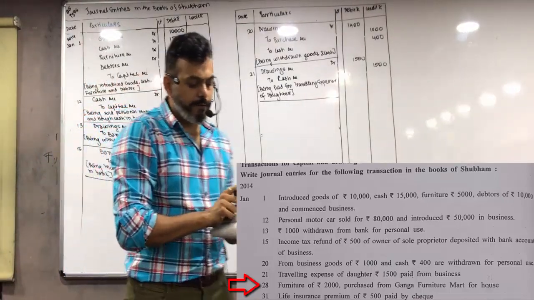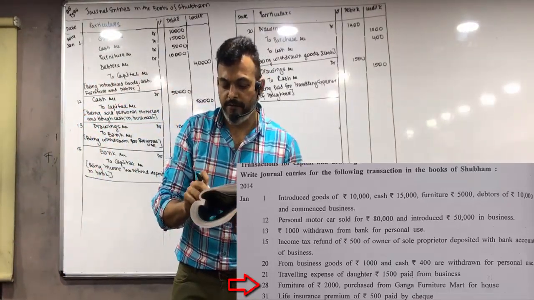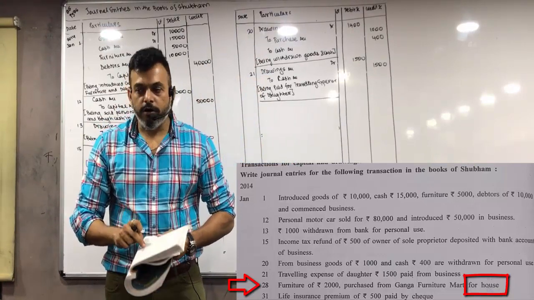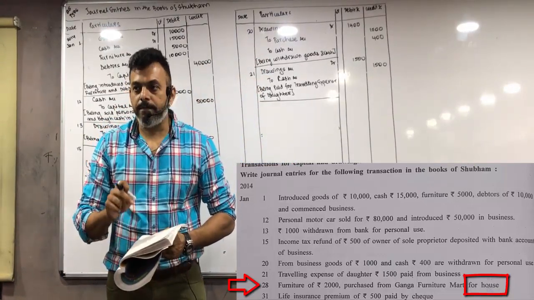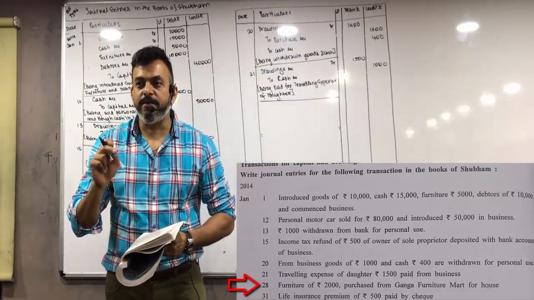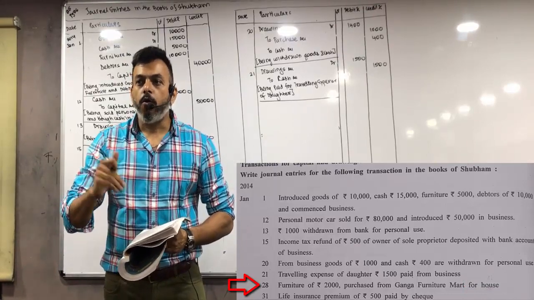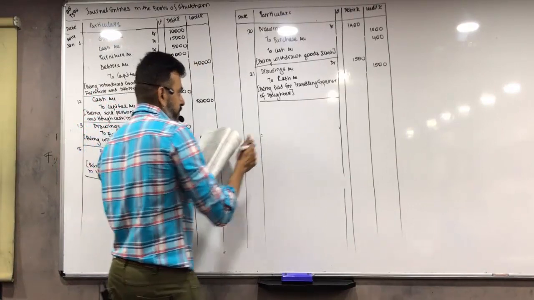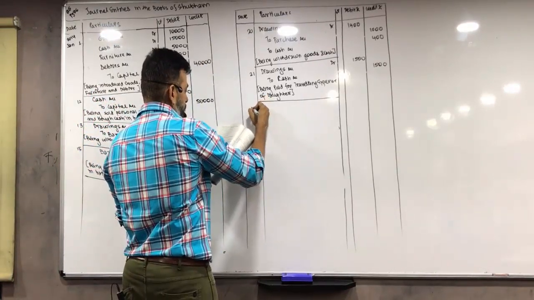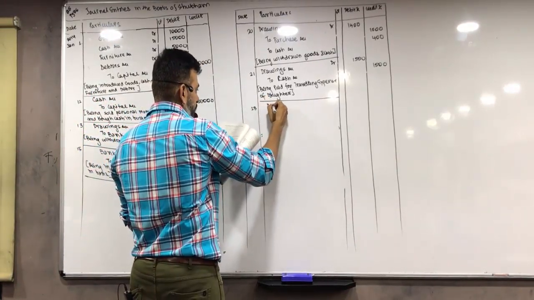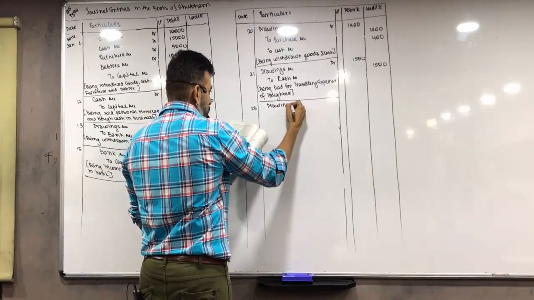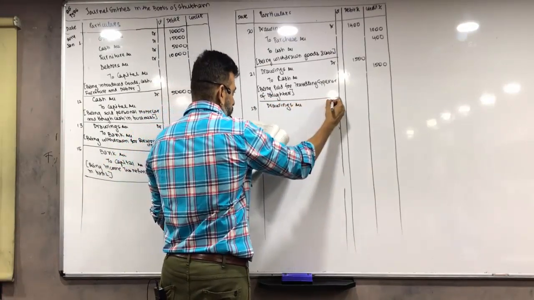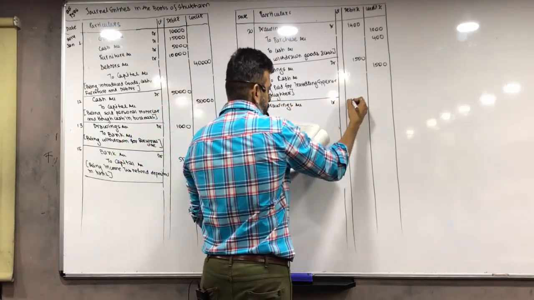Furniture of 2000 purchased from Ganga Furniture Mart for house. तो ये business का expense या business का purchase नहीं है, owner का है. So it is just like drawings. Transaction number 28. Who is the receiver? Owner is the receiver. So drawings account debit.